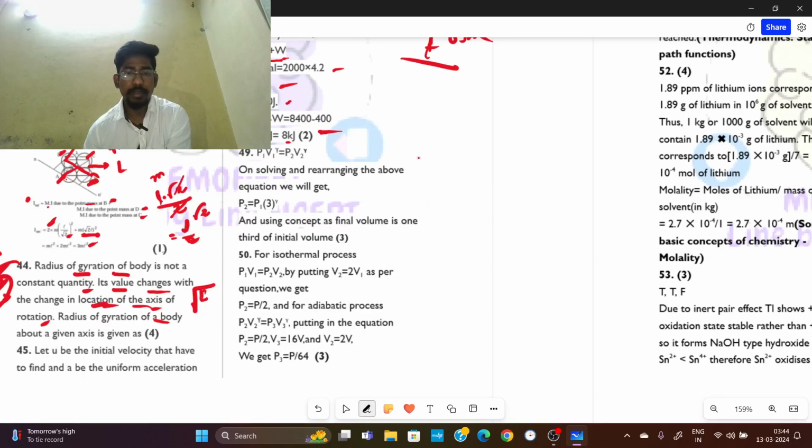The formula that we have to use is PV to the power gamma equals constant.